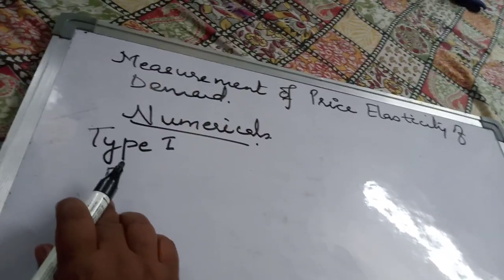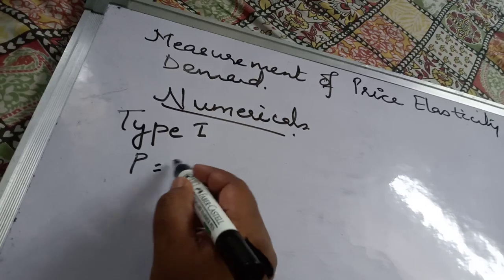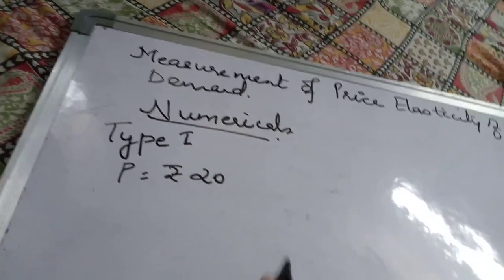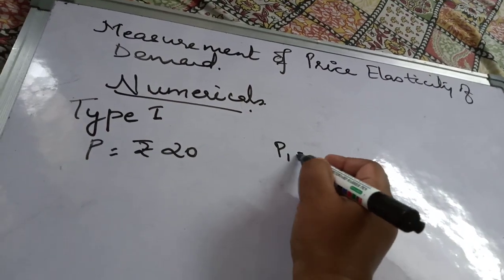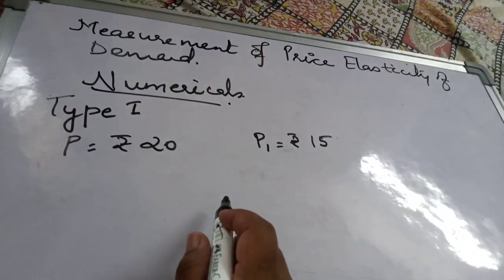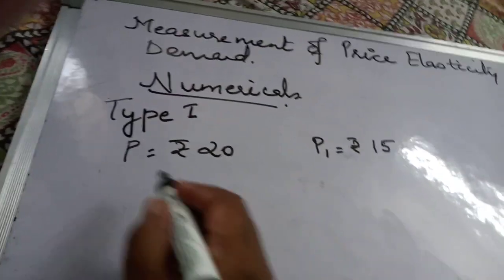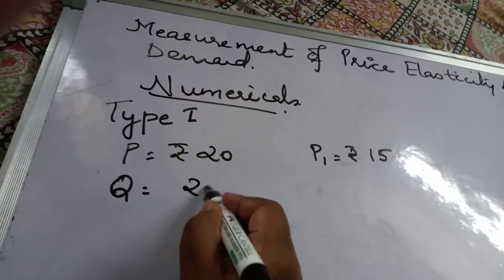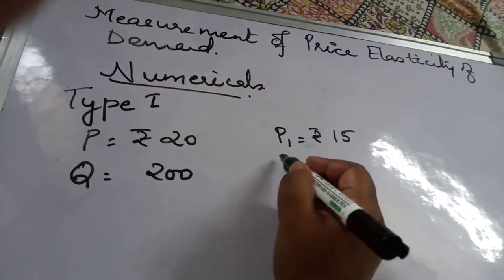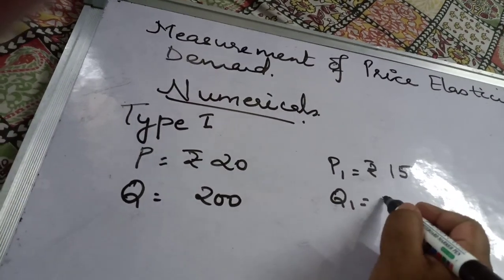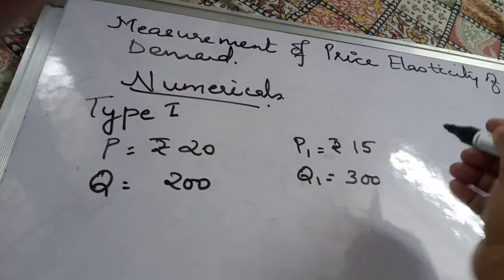The initial or the original price is rupees 20. The new price is rupees 15. Similarly, the original quantity demanded is 200 units and the new quantity is 300 units.